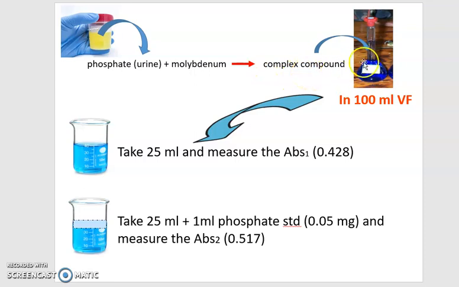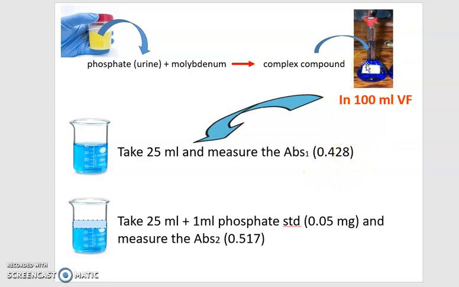This complex solution is diluted into the final volume of 100 ml. From here, we take about 25 ml of the sample solution and introduce it to the UV spectrometer, and the absorbance measured is 0.428.